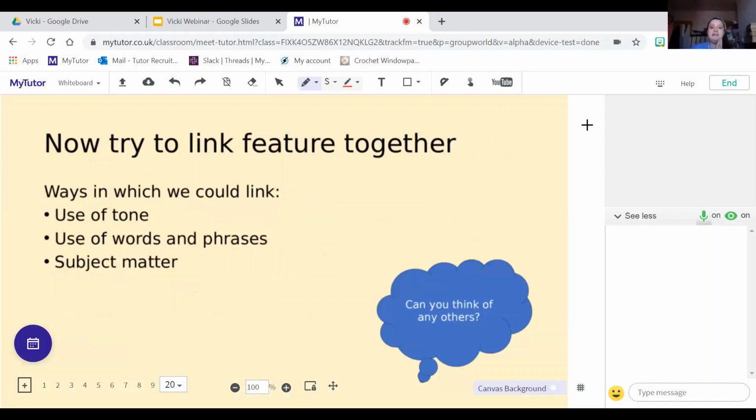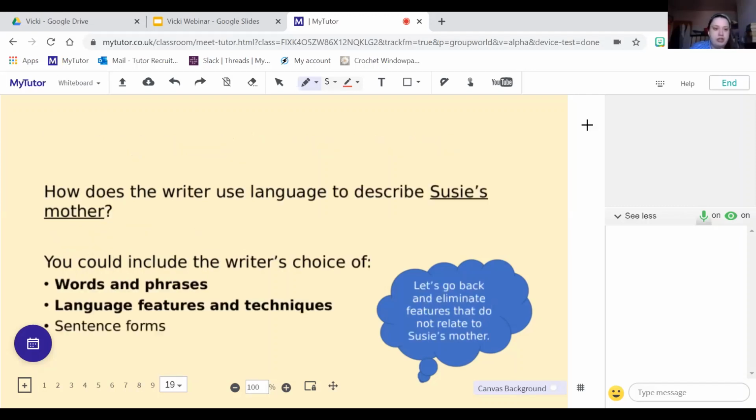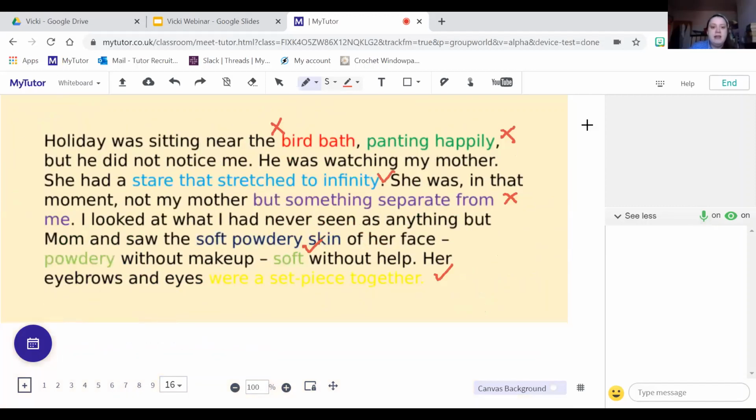So now we need to think about potentially, this is where we boost our marks a bit. How can we link features together? So for example, is there a particular use of tone, use of words and phrases, or subject matter? So I'm going to choose stare that stretched to infinity.